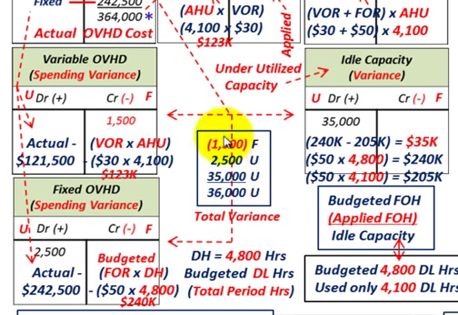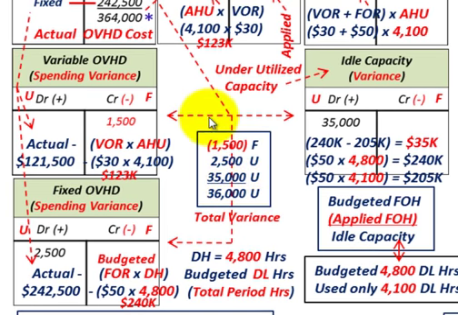It comes from the 1,500 favorable spending variance for variable overhead, 2,500 unfavorable for fixed overhead, and then the idle capacity variance of 35,000. So netting everything out, this is where we come up with the 36,000 of unfavorable overhead.